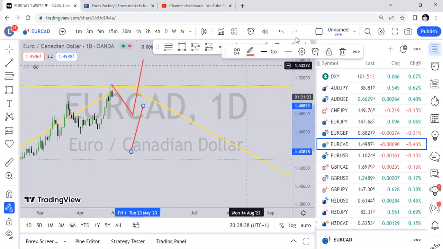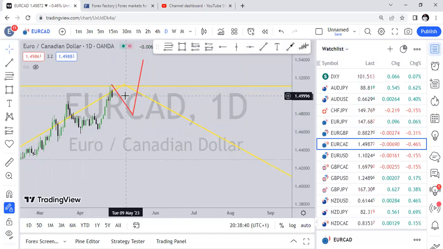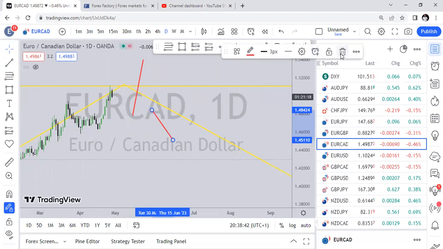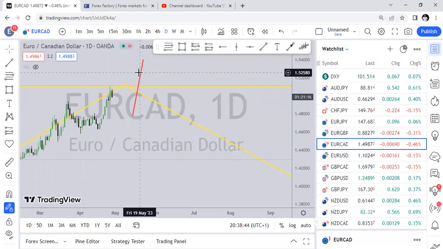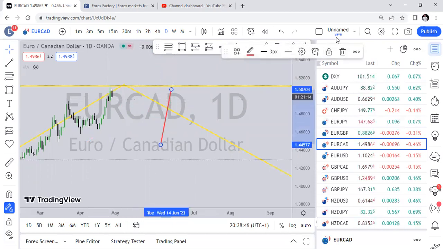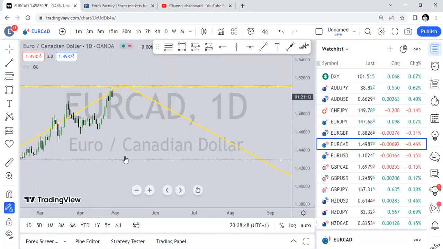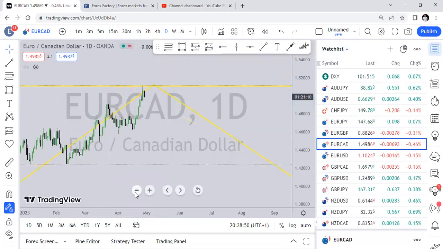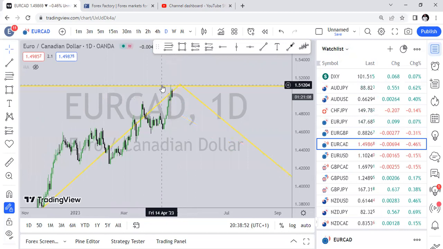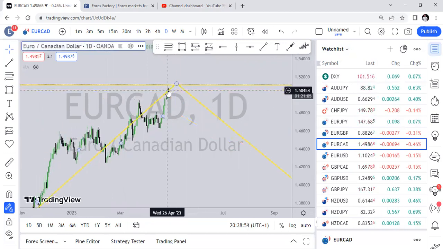But we still need this level here to be cleared.